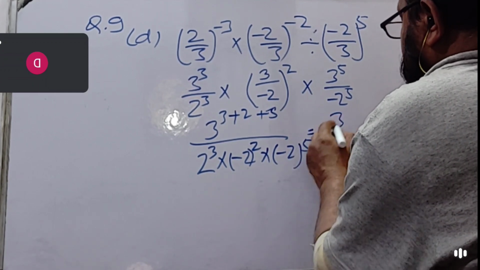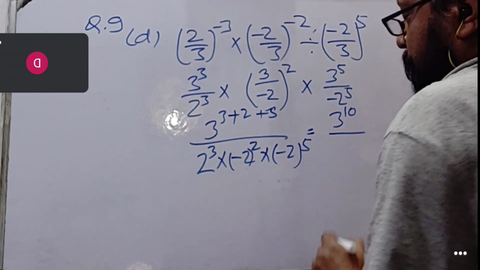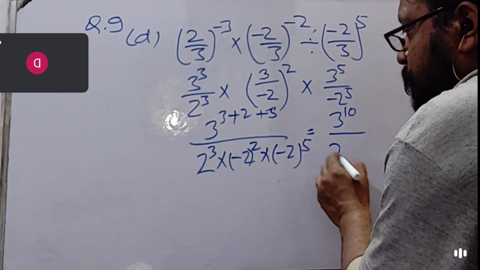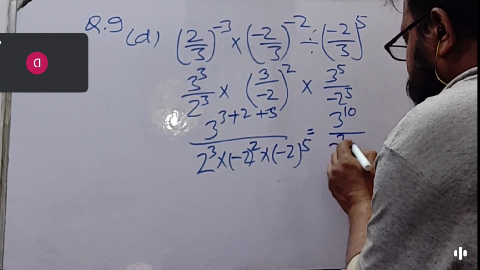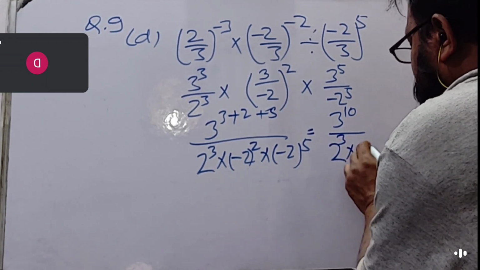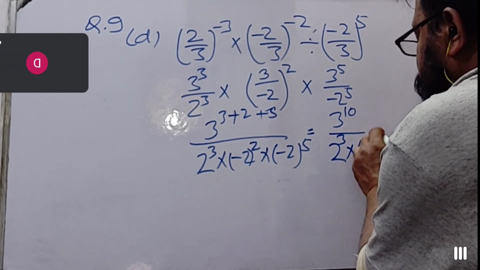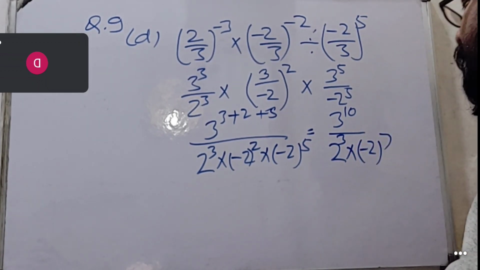So it becomes 3 raised to the power 10 upon 2 raised to the power 3 into minus 2 raised to the power 7. Getting?